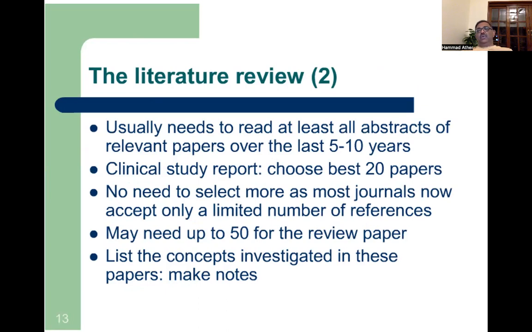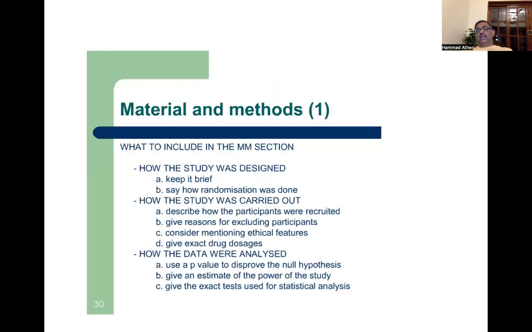You need to shortlist 20 quality papers on that subject, read them. For a review paper, you really need to be looking at something like 50 papers. List the concepts investigated in these papers, make notes, and that's how you'll be able to write a good discussion on the subject.